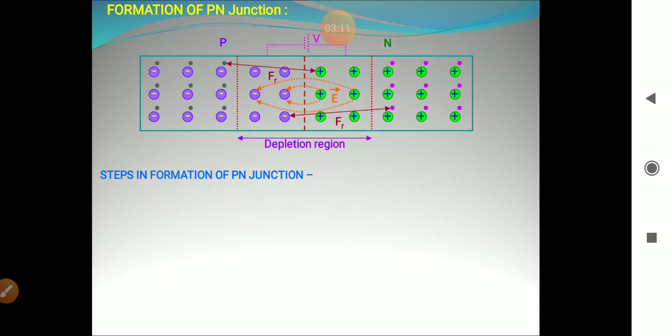You can see. Now this electric field supports the flow of minority charge carriers, but majority charge carriers are stopped by this electric field or this potential barrier.